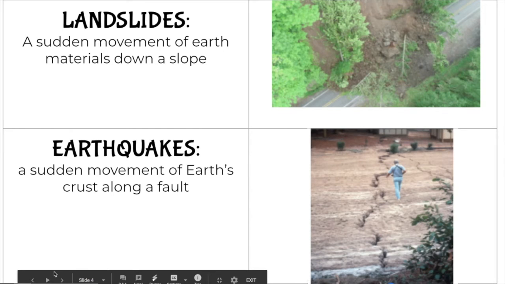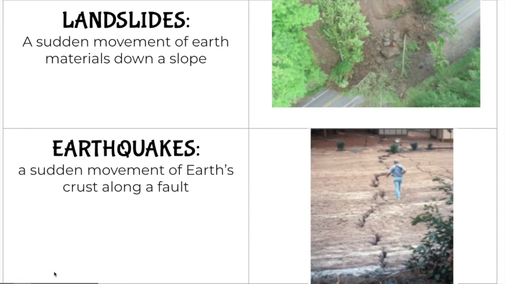Another rapid change that can alter how our earth looks is earthquakes. Earthquakes are caused by the plates underground that are constantly moving and bumping against each other. When those plates bump against each other, it can cause the earth to shake.